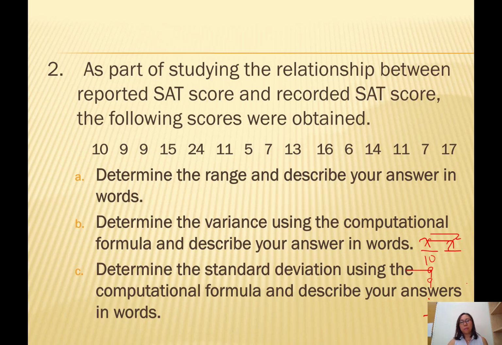Now, to describe variance in words is kind of difficult. It doesn't make sense to say the average of square deviations is such, but that's really the only way that we can describe variance in words. So use the words average of square deviations in your word description of the variance here. And then in question C, it says, determine the standard deviation using the computational formula and describe your answers in words.